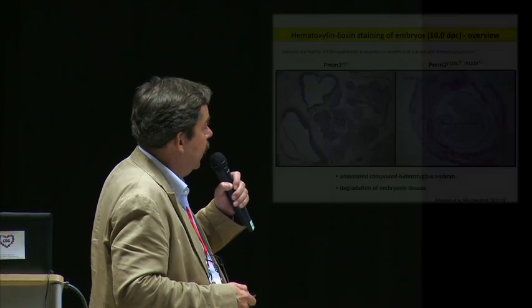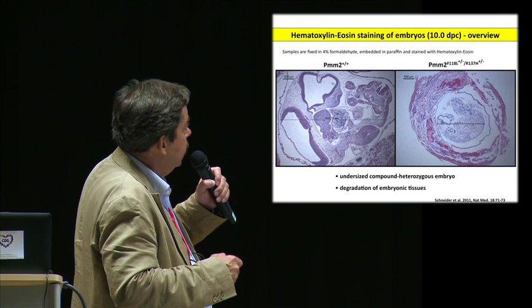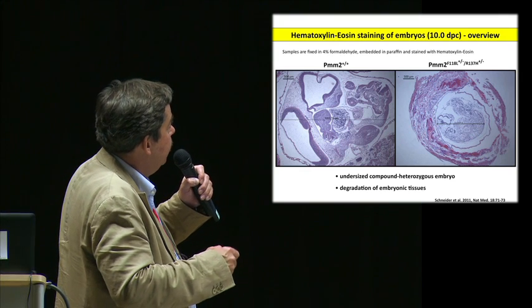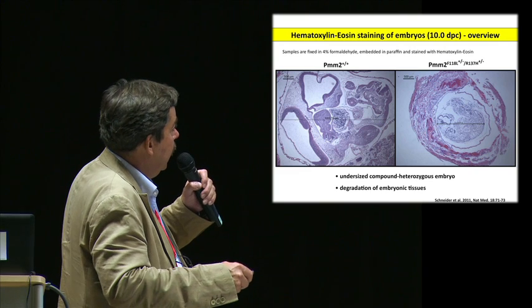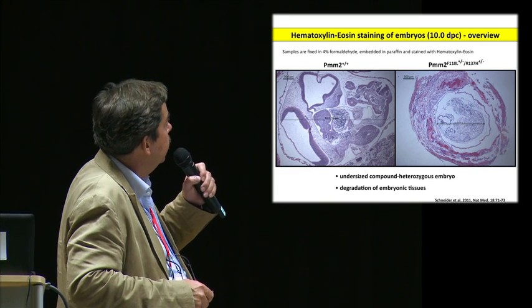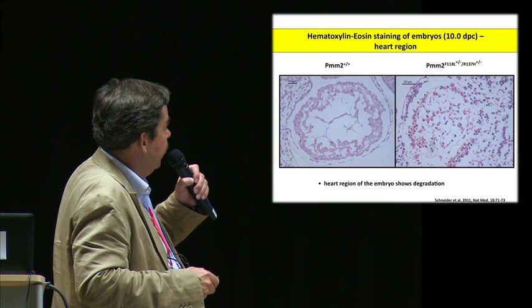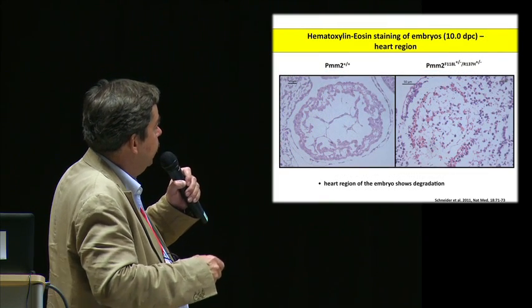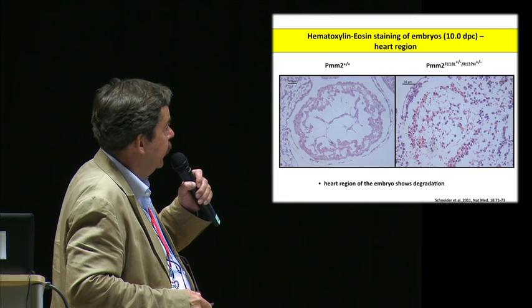As you will see now, here you can see embryos from the same age. They are much smaller, undersized, and they are already degrading. And this is, for example, the heart of a healthy litter mate, and the heart is already going down and breaking.